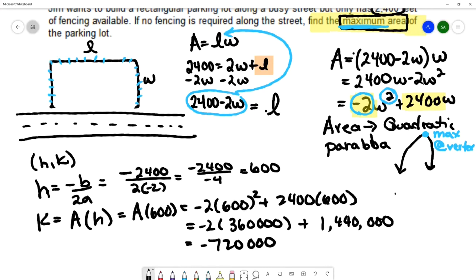And we need to do 1,440,000 minus 720,000 to get 720,000.